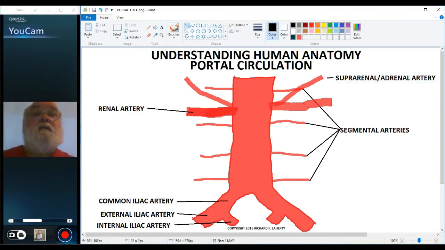Label that on the left side of the diagram.